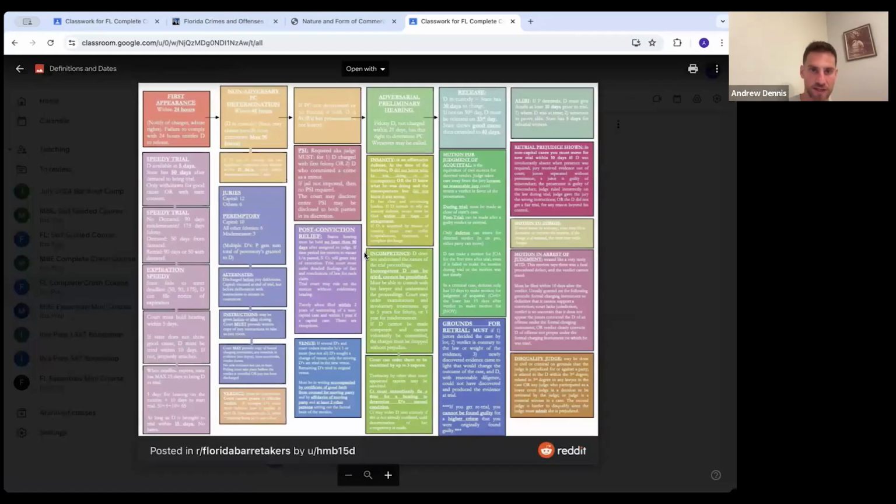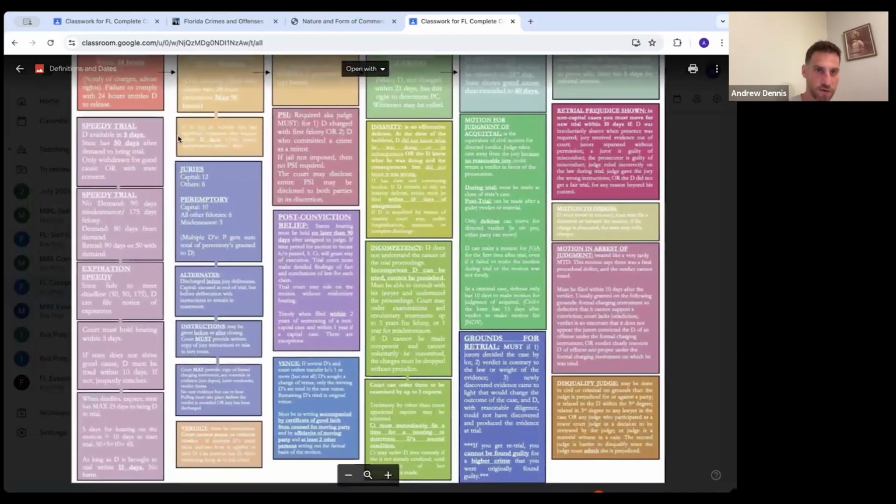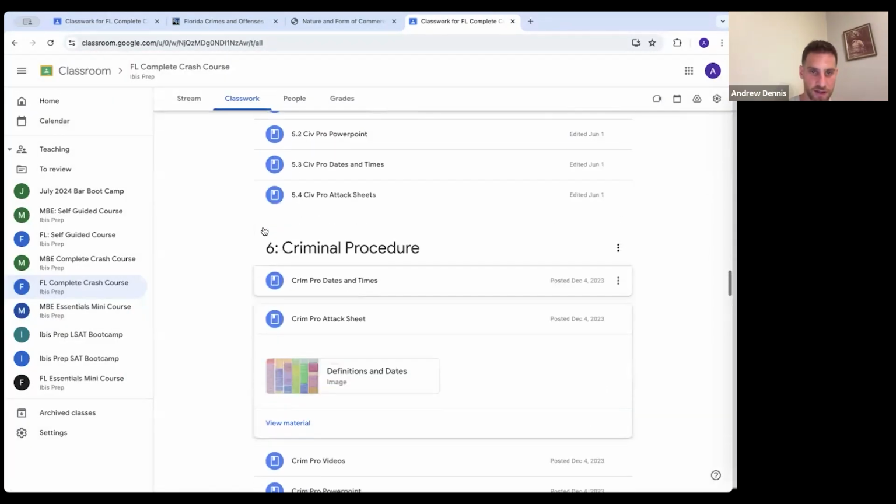This is fine. These attack sheets, we have all the things that you need, like the first appearance within 24 hours. The speedy trial for misdemeanor is 90, for felony 175. This is crim pro stuff, but this would be an example of that in the classroom.